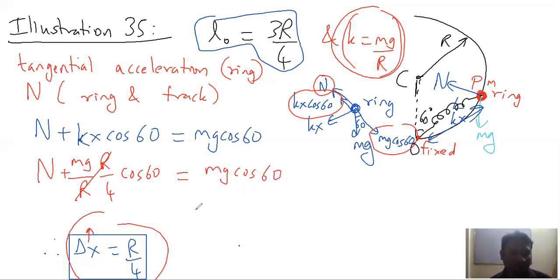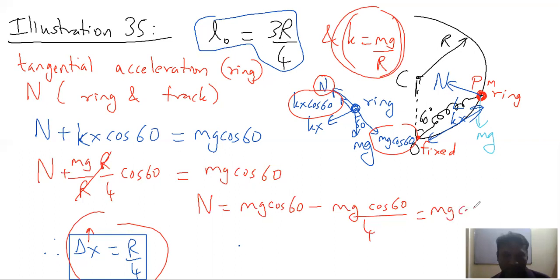So N is equal to mg cos 60 minus mg cos 60 upon 4, which is mg cos 60 into 3 by 4. Cos 60 is half, so it will be 3 by 8 into mg. So the value of the normal reaction comes out to be 3 by 8 into mg.